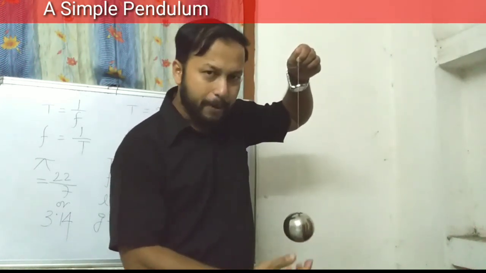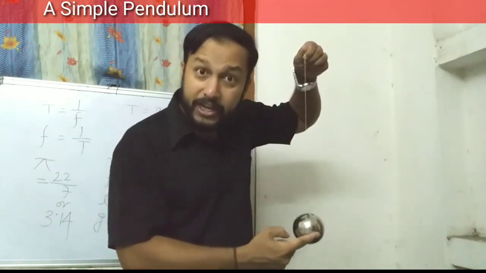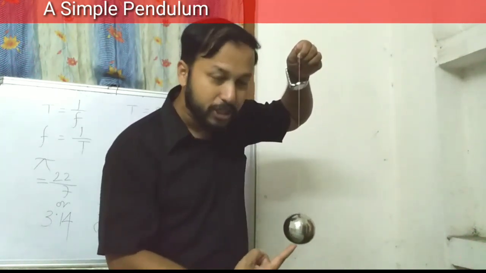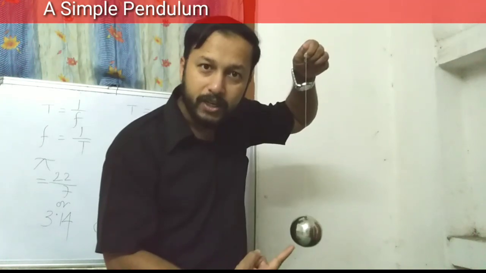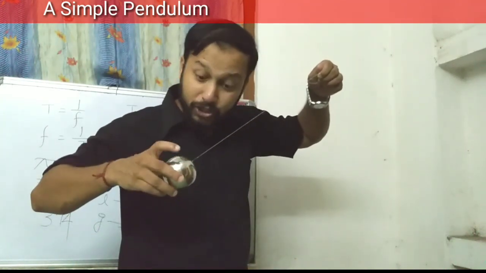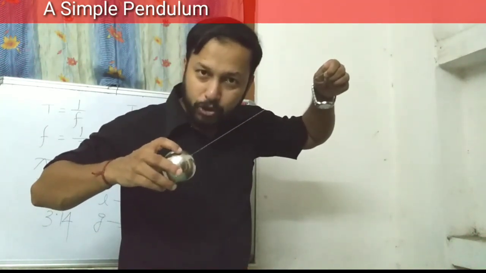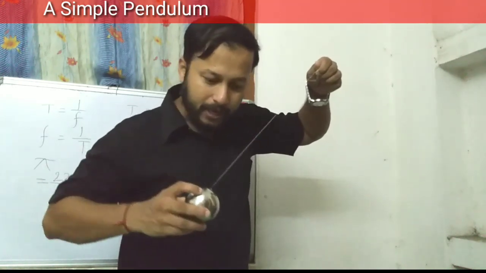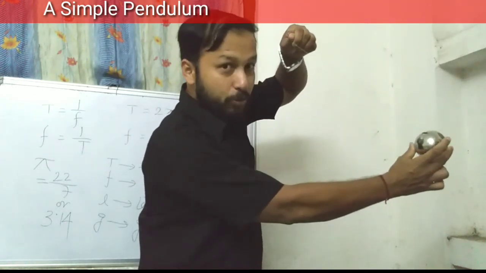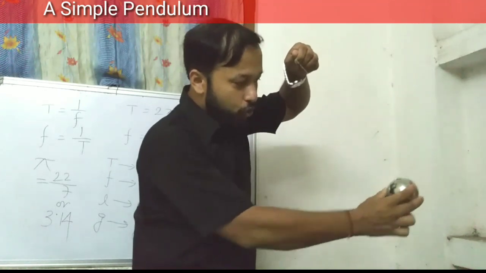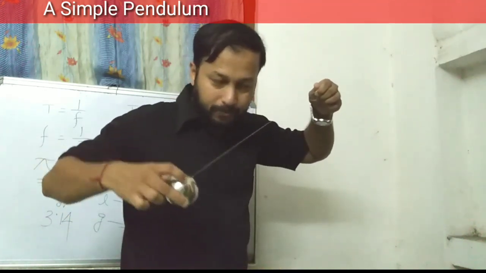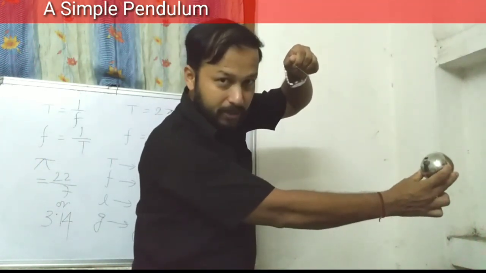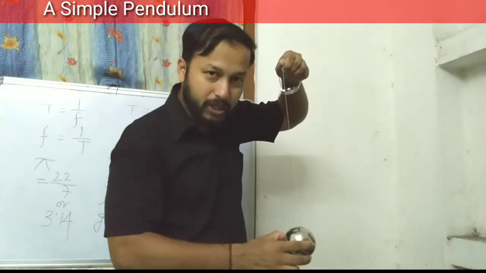This position, I mean when your pendulum is at rest, this position is called mean position. Extreme position, now the bob is at extreme position. Okay, it is going, now this is extreme position. Fine. So this is extreme position, this is extreme position, and this is mean position.